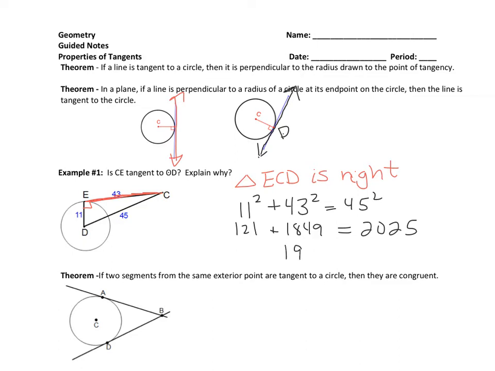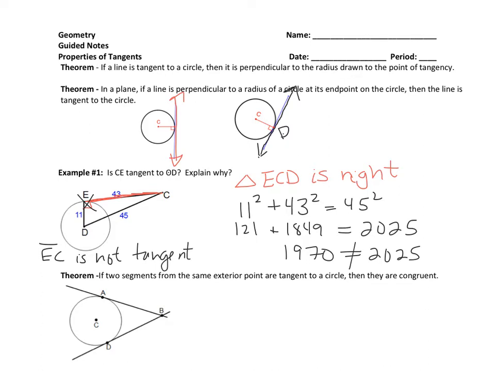But this actually is 1970, and this is 2025. So these are not equal. Since those are not equal, that means angle E is not a right angle. So that can't be a right angle. So EC is not tangent.